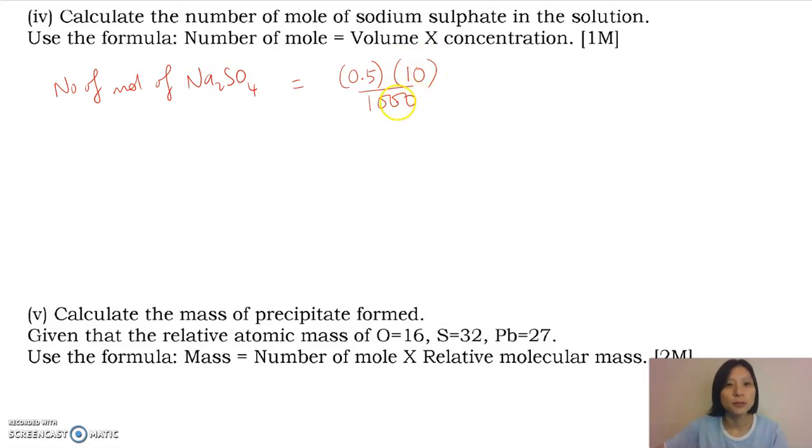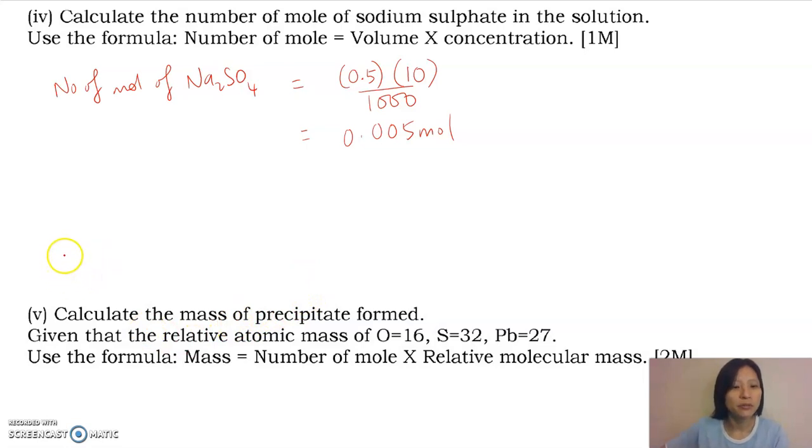So we have to divide by 1000 to change it to dm cube. So number of mole of sodium sulfate is mV over 1000. So the answer would be 0.005 mole. Now calculate the mass of the precipitate formed.